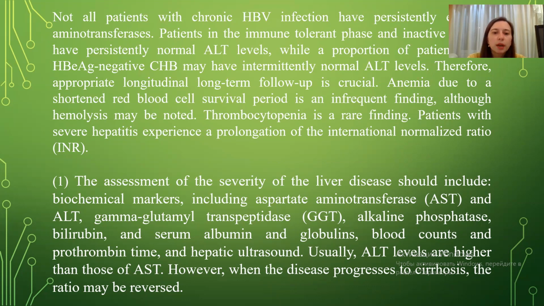Patients with severe hepatitis experience a prolongation of the international normalized ratio, INR. The assessment of the severity of the liver disease should include biochemical markers, including aspartate aminotransferase and alanine aminotransferase, gamma-glutamyl transpeptidase, alkaline phosphatase, bilirubin, and serum albumin and globulins, blood counts, and prothrombin time, and hepatic ultrasound.